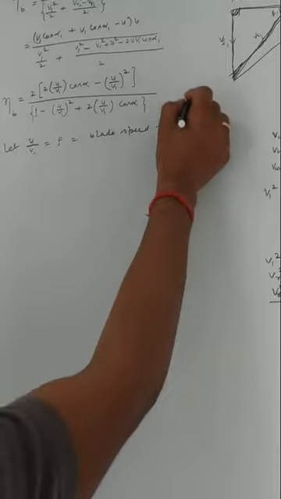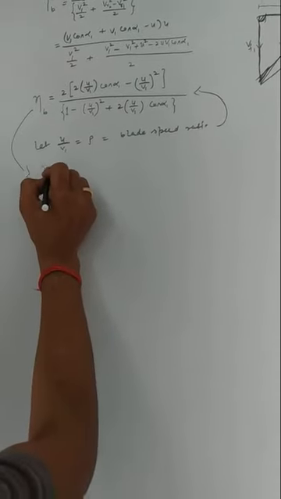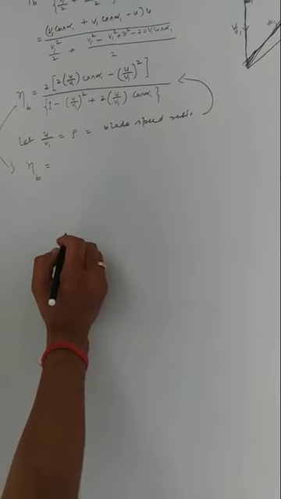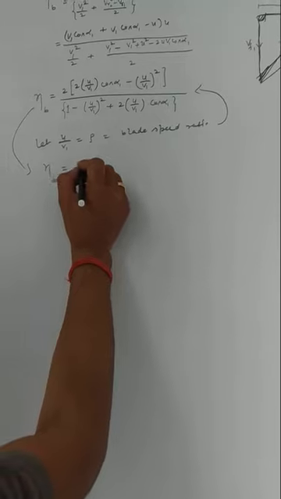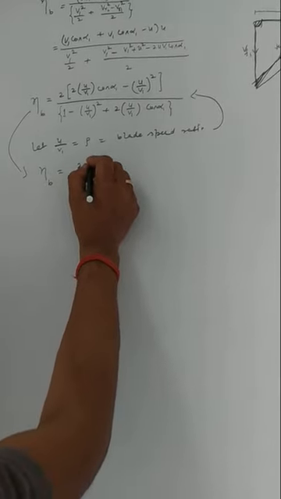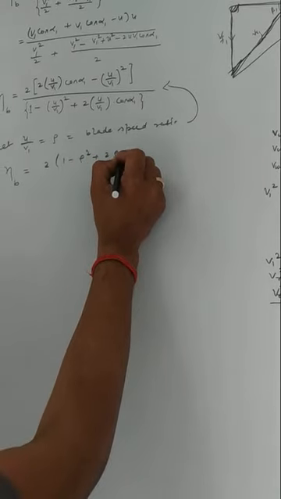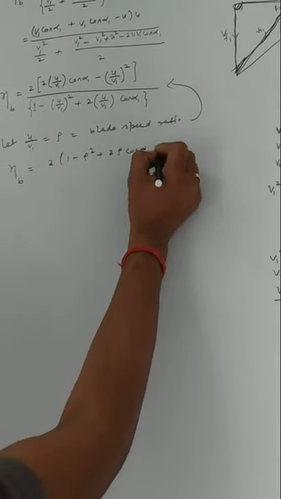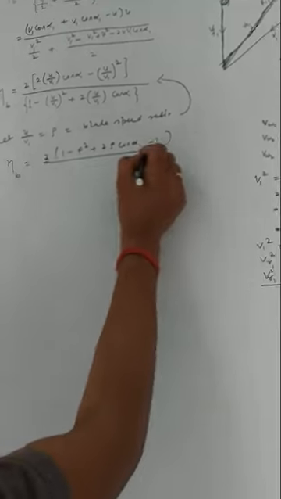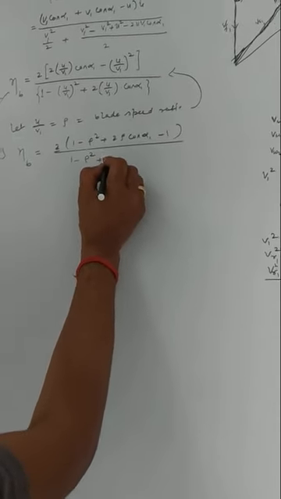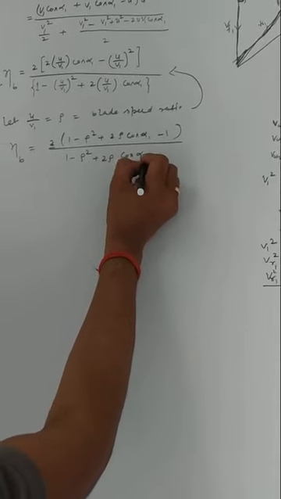Okay, so put this value and we will get the blade efficiency, which can be written as 2 times (1 minus rho square plus 2 rho cos alpha 1) minus 1 divided by (1 minus rho square plus 2 rho cos alpha 1).